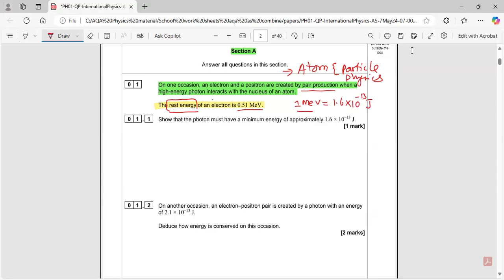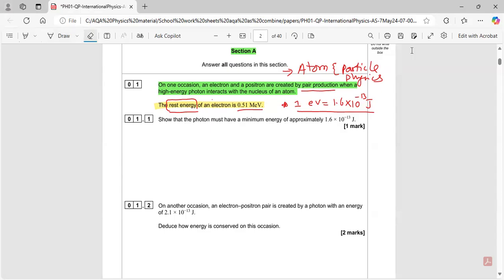This is not given in the data booklet. You should remember this. If you want to write in only electron volt, not mega, then the power would be 19. But as we are using mega, we would be using 13 over there.